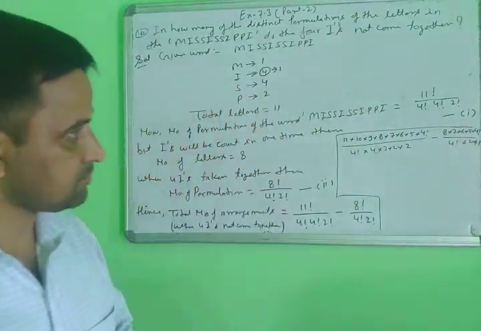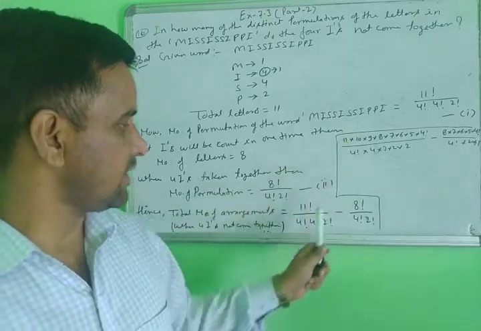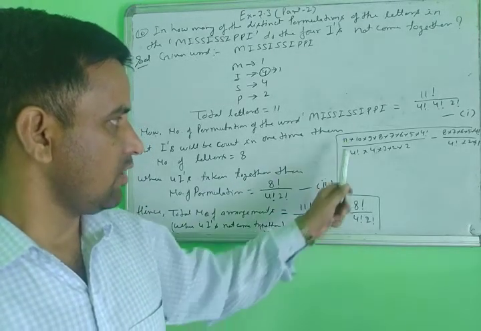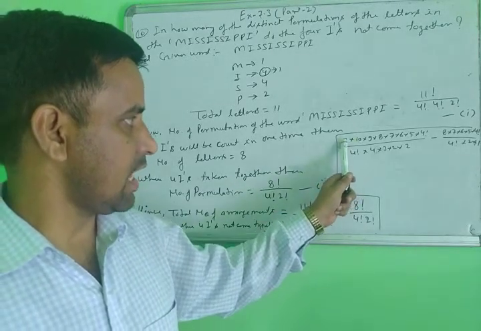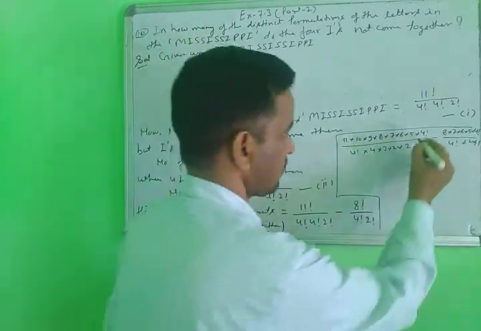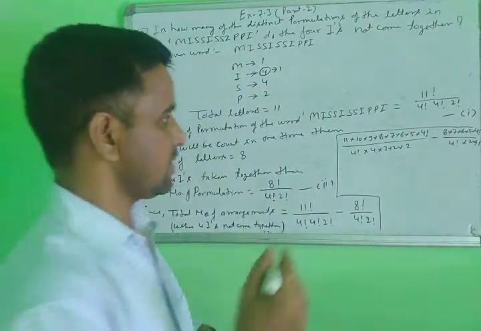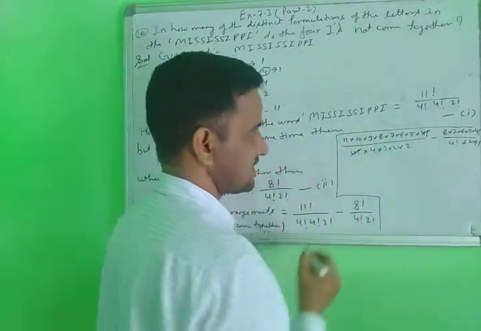Now look here: factorial 11 you break down in the simplest form till factorial 4, that is 11, 10, 9, 8, 7, 6, 5 and the last number is factorial 4, because factorial 4 will be cancelled.